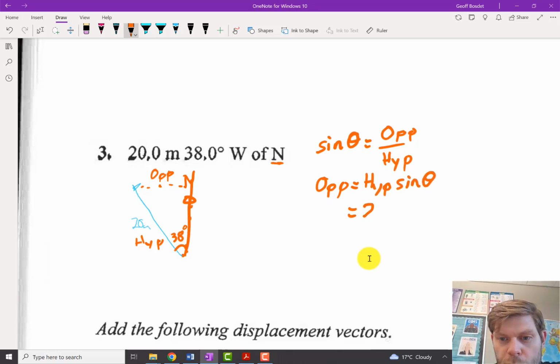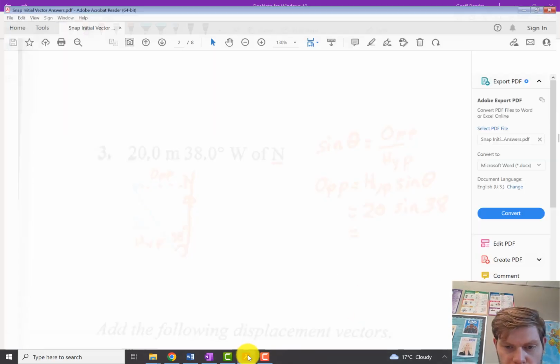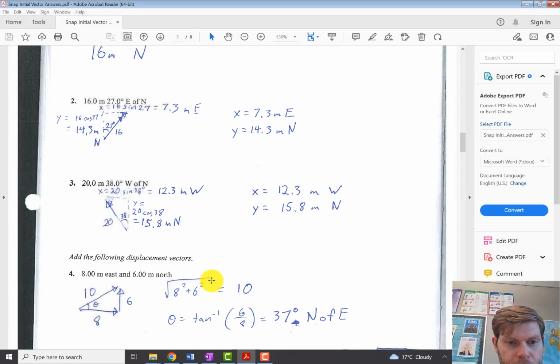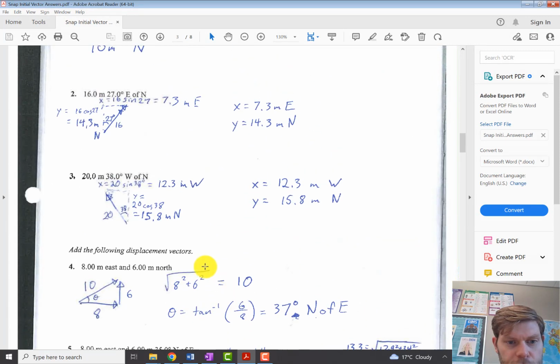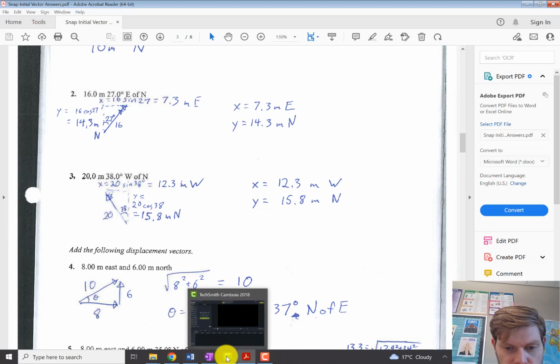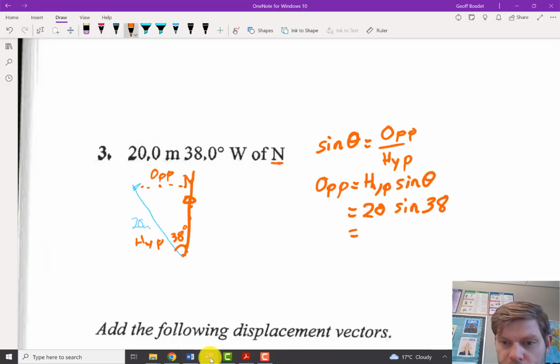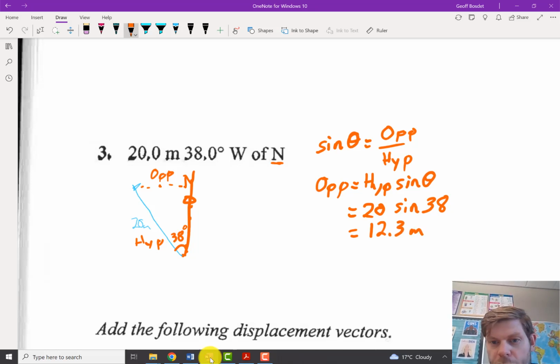That'll equal 20 times sine 38, whatever that happens to equal. I will check my handy dandy answer key. It looks like it is 12.3 meters. I'm 12.3 meters west of where I started.